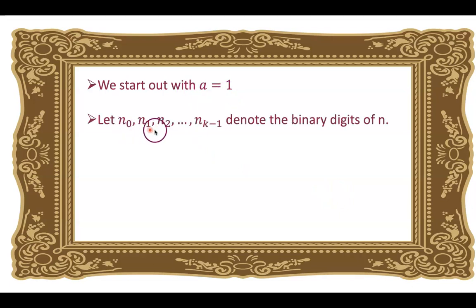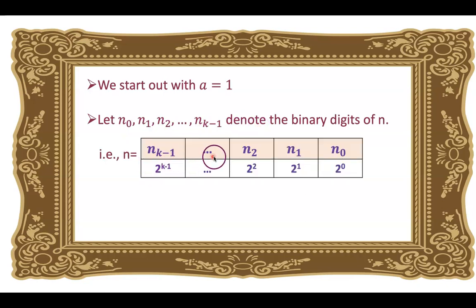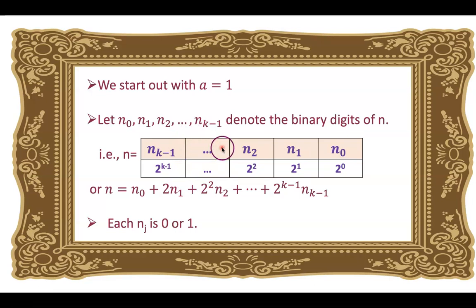Let n0, n1, n2, etc., nk minus 1 denote the binary digits of n. That is, n is equal to n0 plus 2 raised to 1 into n1 plus 2 square into n2 plus etc., 2 raised to k minus 1 into nk minus 1. Since this is binary representation, each digit nj will be either 0 or 1.